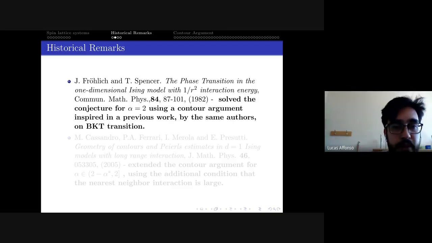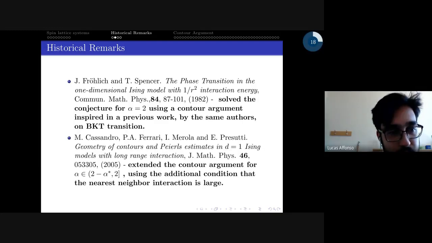And we have many results after that, even using contours, such as the papers of Imbrie and Newman. You also have a paper on lattice gases by Johansson. But for this kind of model, we have a contour argument only.